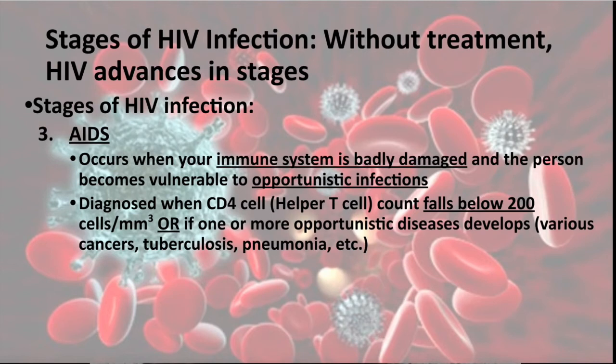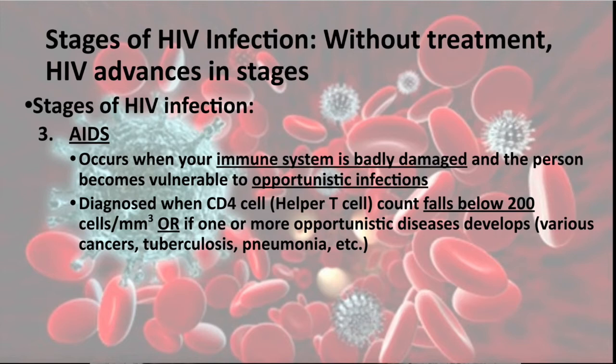AIDS occurs when your immune system is badly damaged, and the person becomes vulnerable to what we call opportunistic infections, meaning infections like pneumonia that a person without HIV, their immune system could fight off for them.